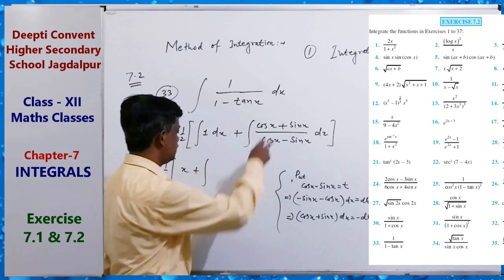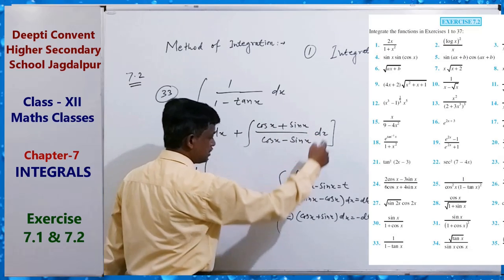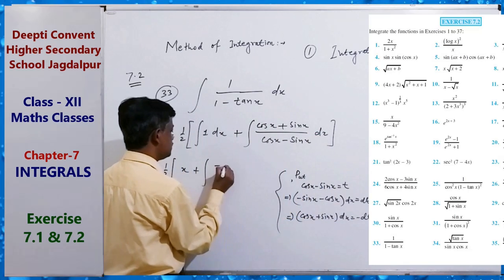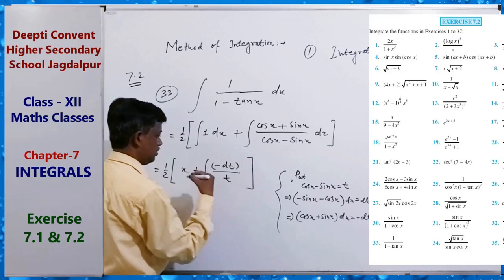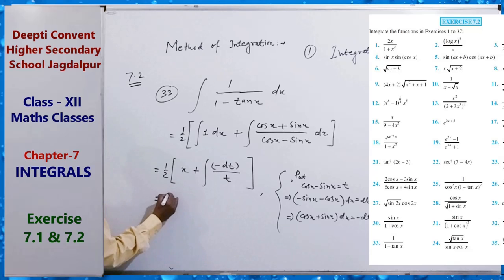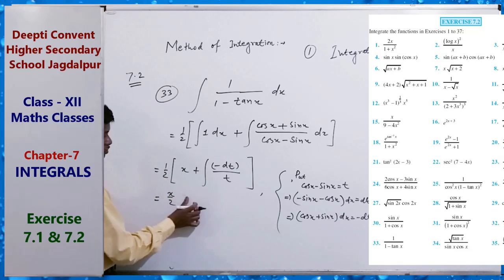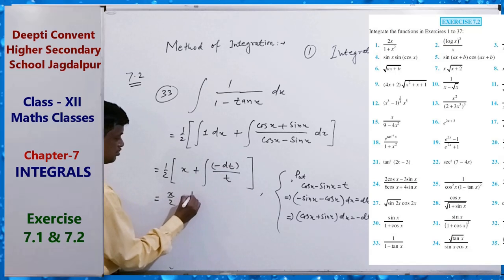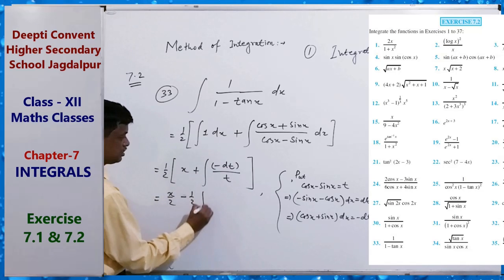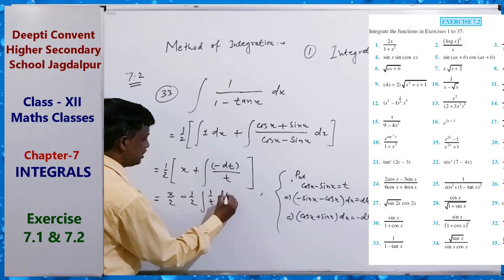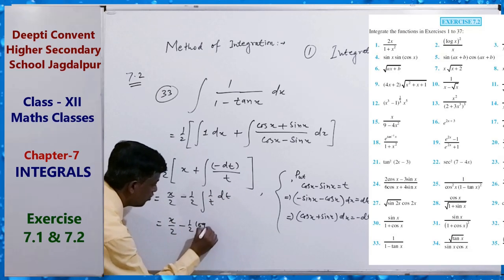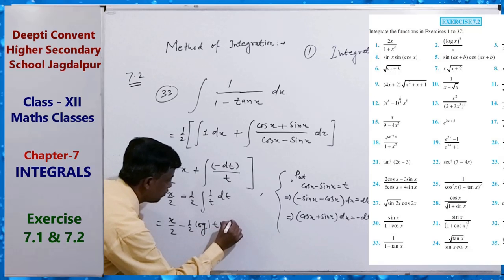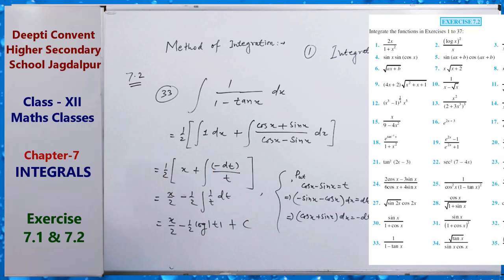Now putting this in here, so minus dt upon t. Okay, so this is x by 2 plus, here taking the minus sign common, minus 1 by 2 integration of 1 by t dt. So this can be written like this: x by 2 minus half log of mod t plus c.